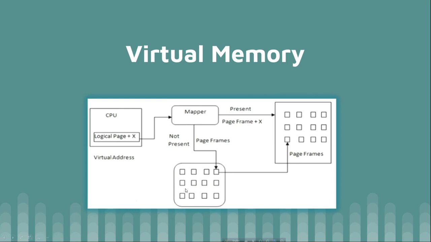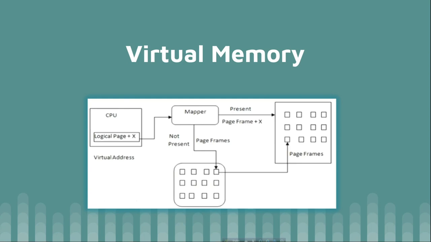This is secondary storage. If the page is present in the main memory, the CPU gets the required data from the main memory, so the mapper checks this page frame. The frame is available, so the mapper gets this from RAM and gives it to the CPU for the remaining program execution.